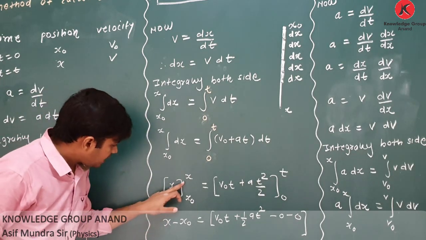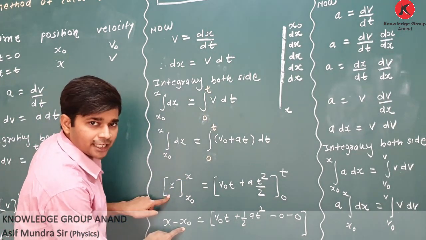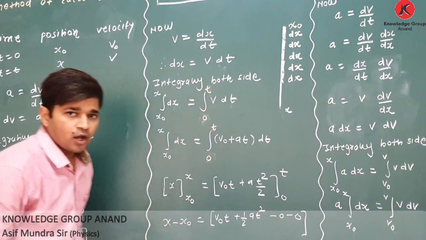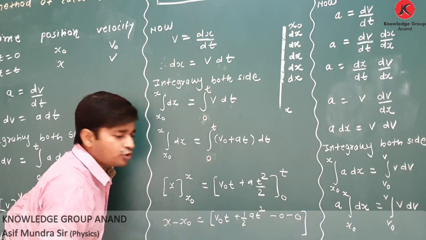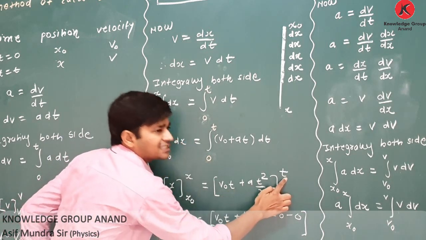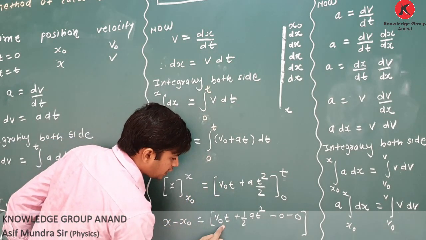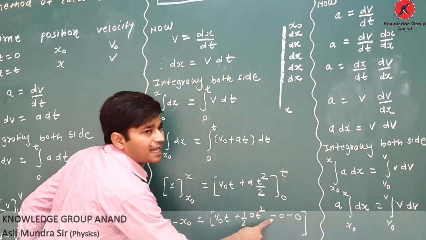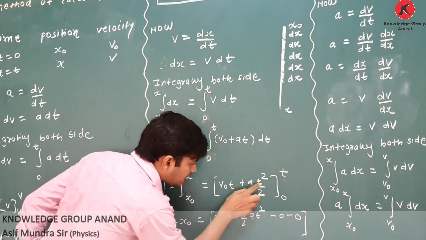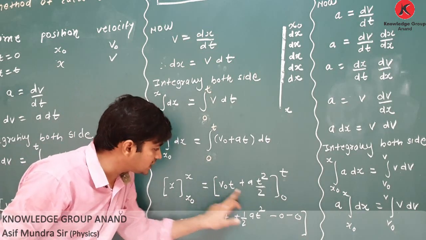Put limit: x minus x0 on this side. First of all, in both terms, you have to replace t by this t. So your answer will be v0t plus half at square. Now, there is a minus sign and you have to replace t by 0.